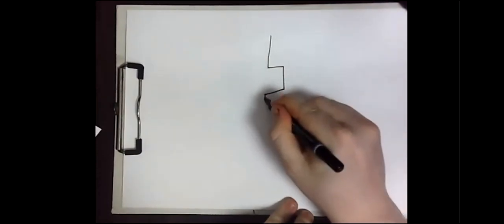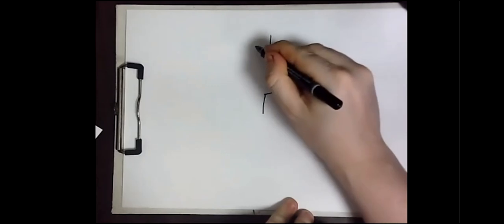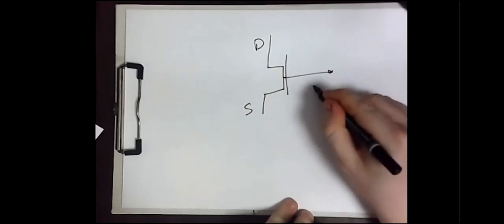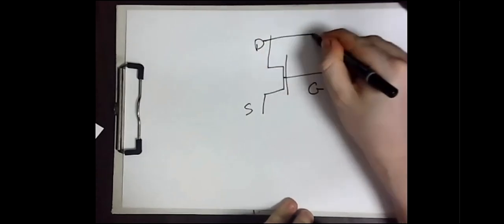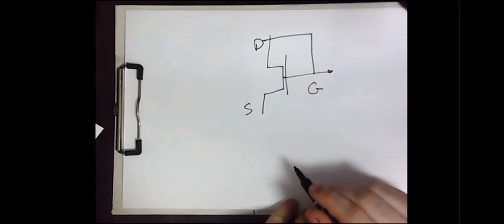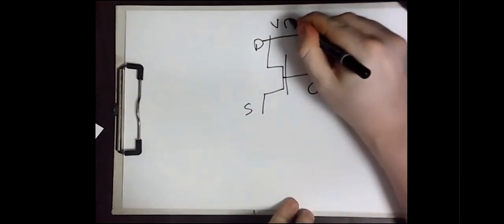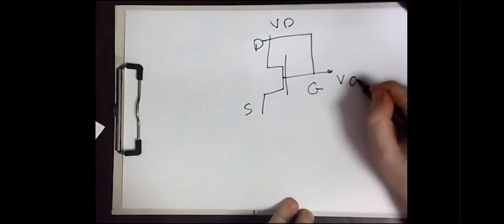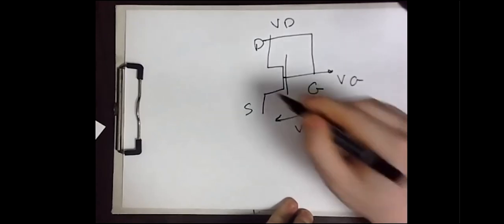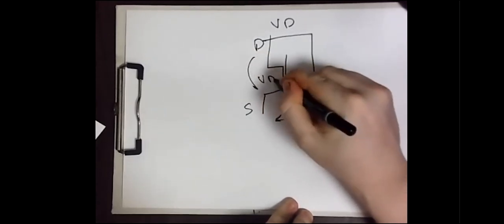Whenever you have a MOSFET, this is the drain, this is the source, and this is the gate, of course. And you have a connection connecting the drain to the gate. Then that means VD is equal to VG, or in other words, VGS equals VDS.